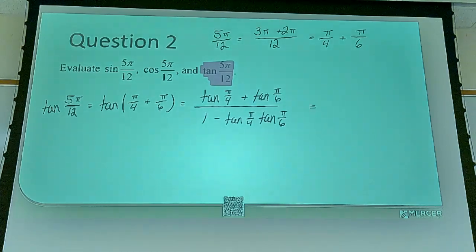What was tangent of pi over 4? 1. What is tangent of pi over 6? Root 3 over 3. Which I'm going to write as 1 over root 3 for our purposes.